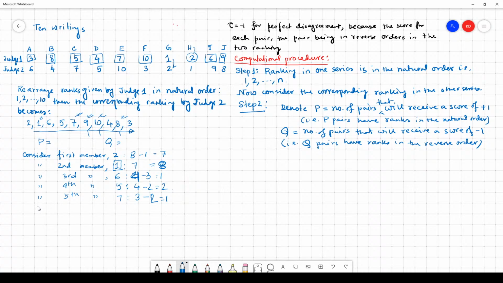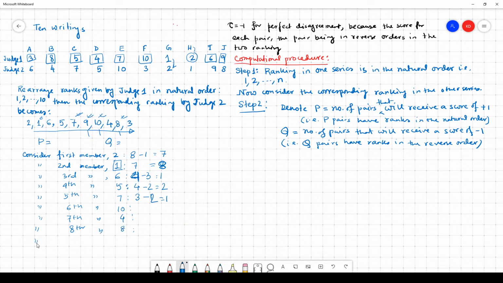So please tell me the remaining part. For the 6th member, this is 10. Please tell me the value for 10. The 7th member is 4. The 8th member is 8.